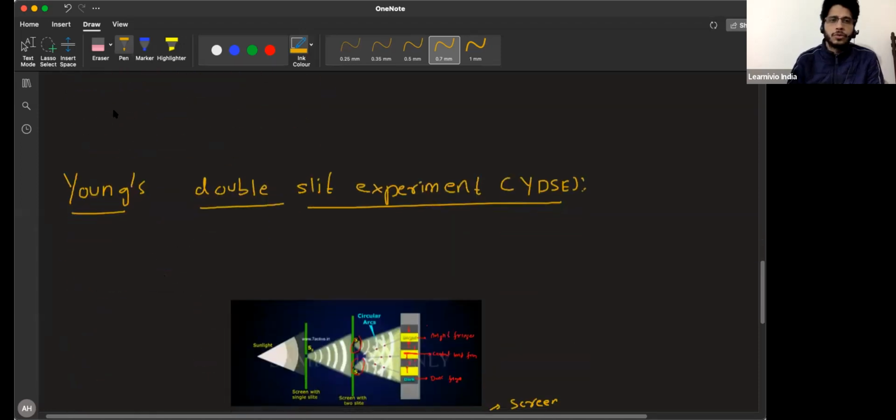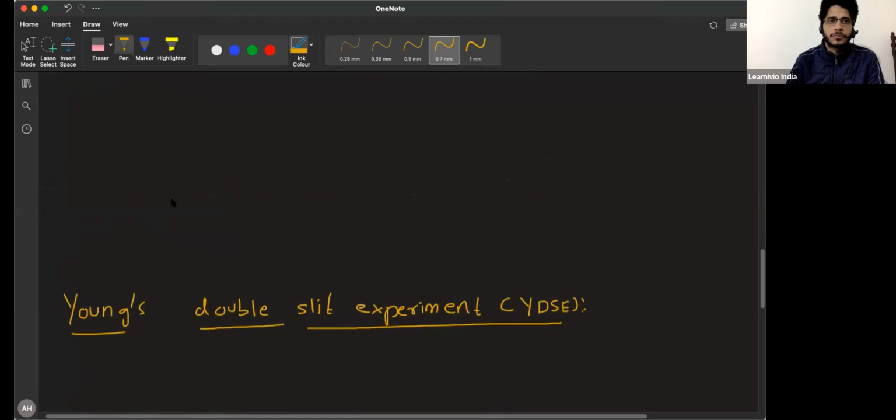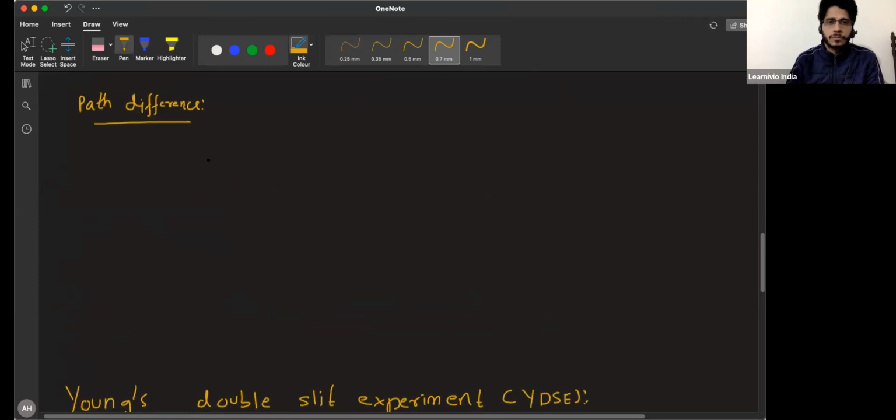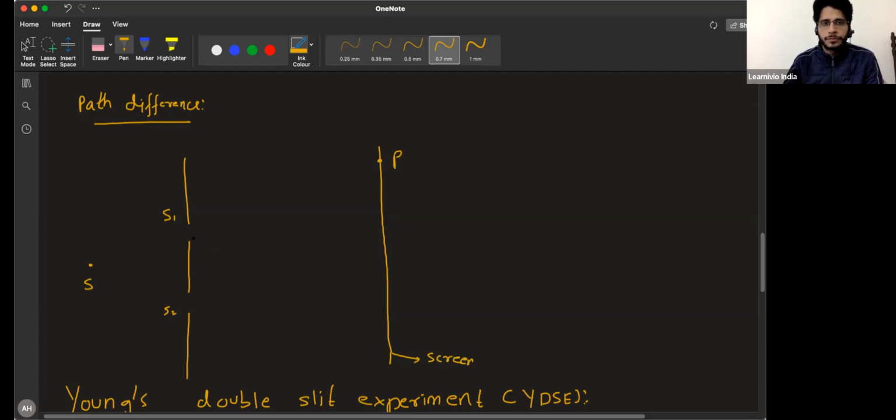I'm giving you two sources. This is S1, this is S2, and this is the screen. This is point P. At this point P, light waves are coming from both the sources, source 1 as well as source 2.